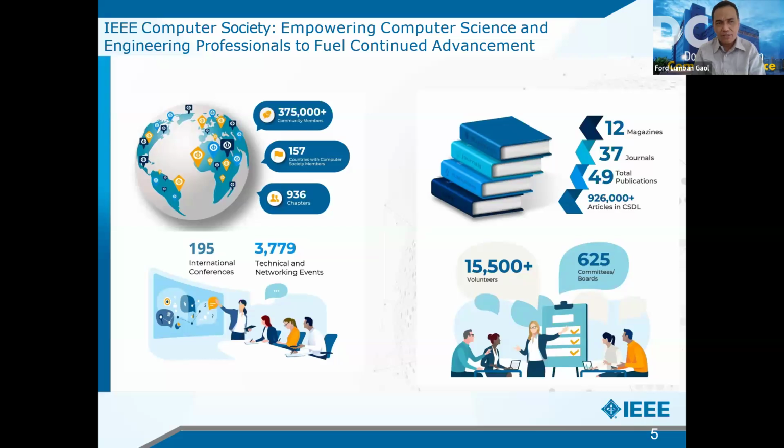So what is the message? The message is simple: IEEE Computer Society is a melting pot of people with quite varied backgrounds. This is a very good kind of society.